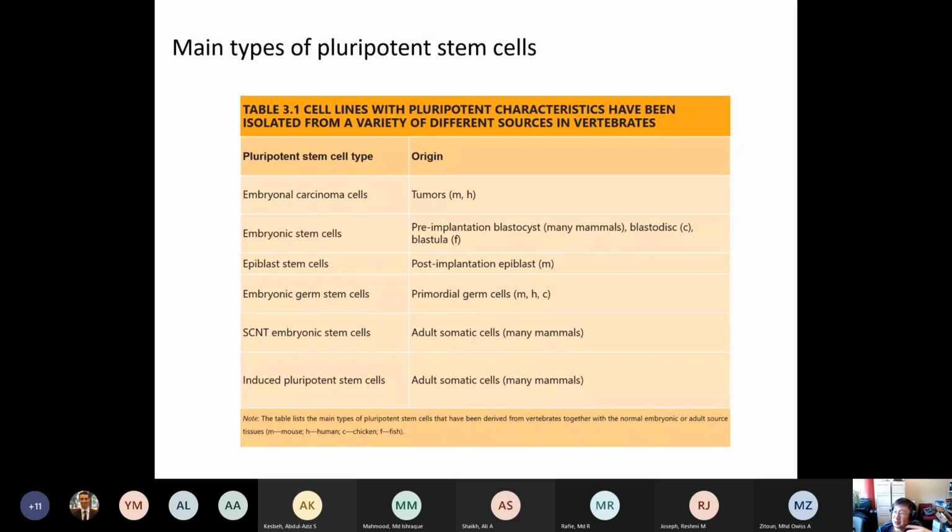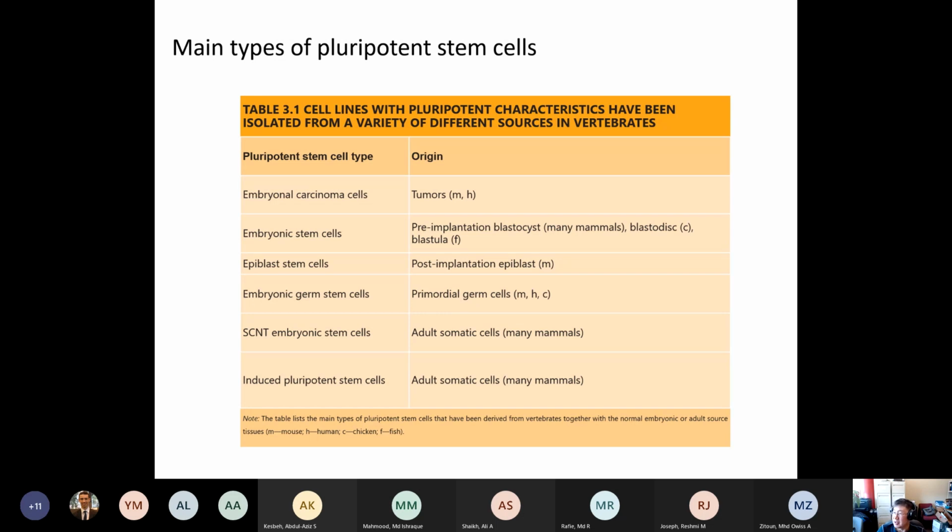If you inject that cell into the inner cell mass, into the blastocyst, eventually those cells will be mixed and contribute to an individual, and in that individual you have cells of the original inner cell mass, but also the pluripotent stem cells you put there. Okay, those are two approaches we use to demonstrate pluripotency.